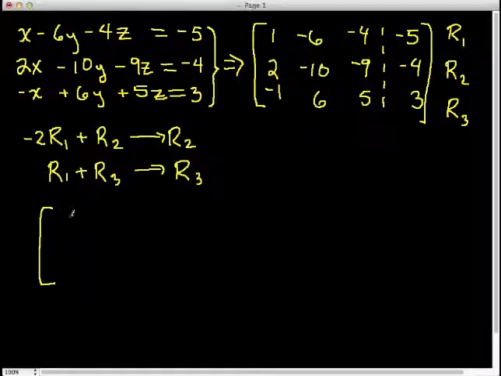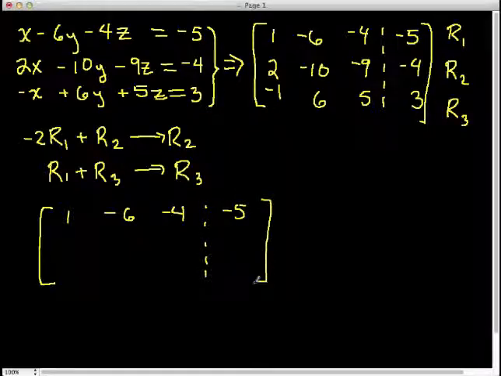So let's see. Nothing happens to the first row, so that just stays the same. I'm not replacing that one at all. And we'll see what happens to these other two rows. So -2 times this first row up here, -2 times 1, plus 2 gives me a 0, as expected.